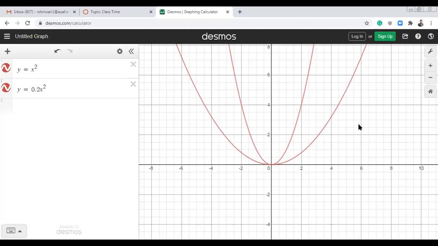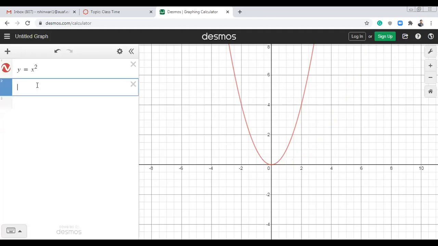what will happen to the graph when we multiply or divide with a negative number? It comes down. Yes, excellent. The graph will go down, and that is called a reflection of a graph. For example, we have y is equal to x square, it opens upward.